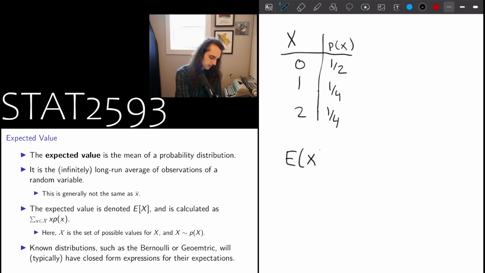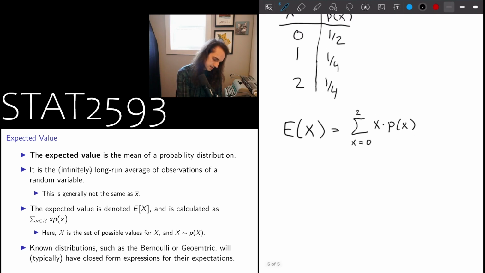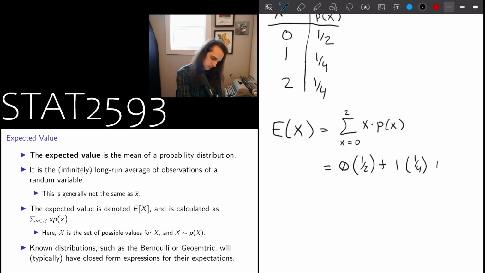Now, our expected value of x, if we follow the formula here, it's going to be a summation over all possible values of little x, right? So we have little x, it's going to be 0 to 2. And we want to take the value of x, multiply that by the probability that it equals that. And so in this case, we're going to have 0 times the probability that it's 0, which is 1/2, plus 1 times the probability of observing a 1, plus 2 times the probability of observing 2.